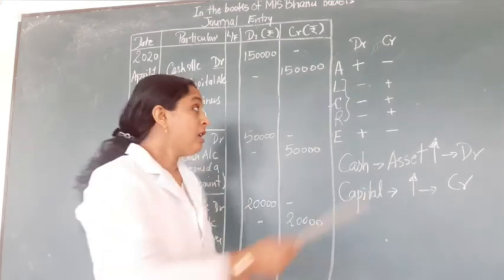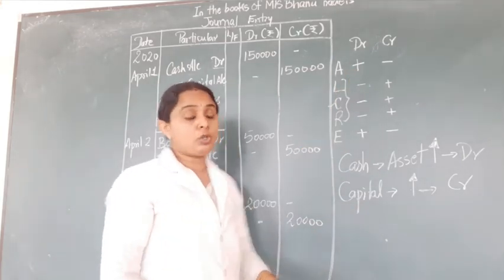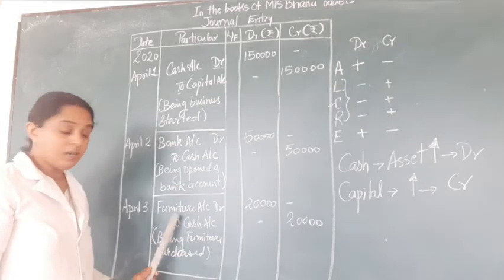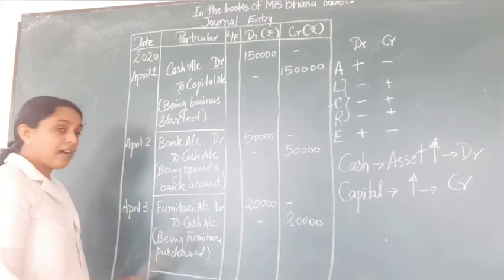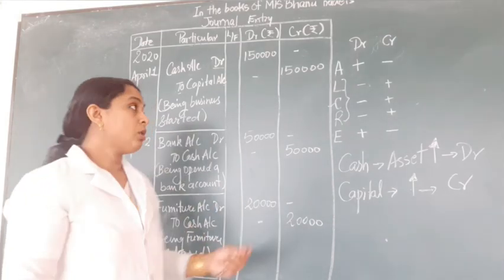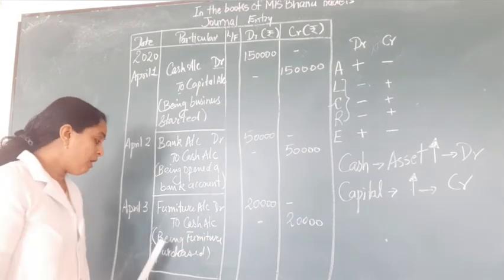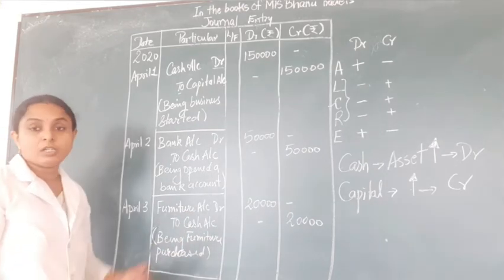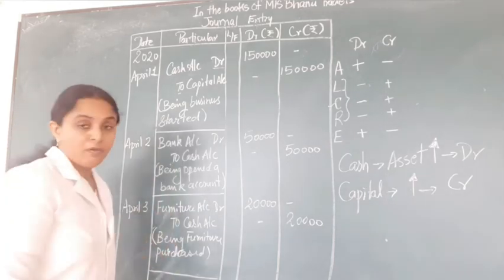So the asset is increased, so furniture should be debited. Okay, furniture account is debited with 20,000. And cash, again an asset, is decreasing. So decrease in cash, credited. So to cash account, the furniture purchase. So these are the three journal entries in front of you.